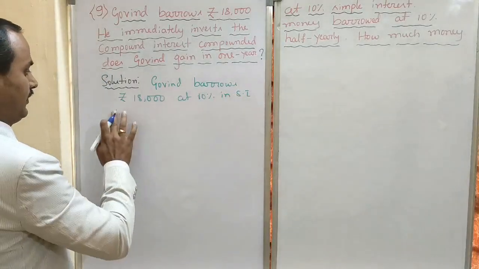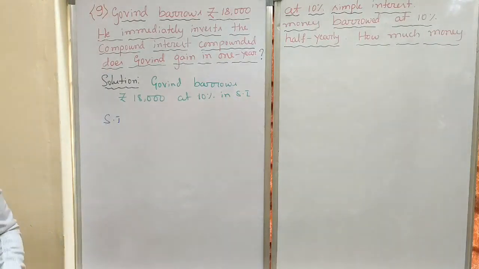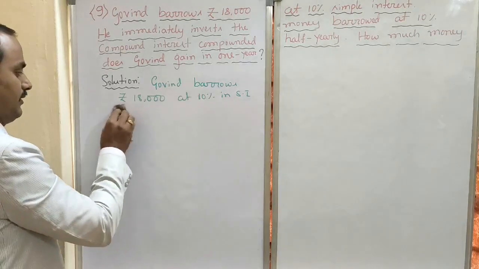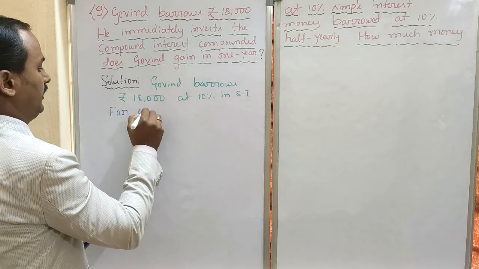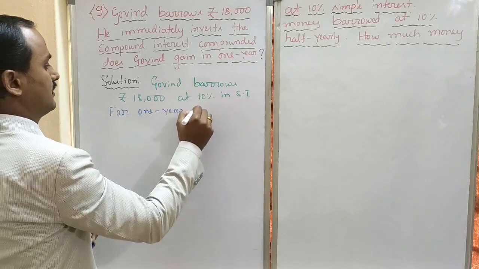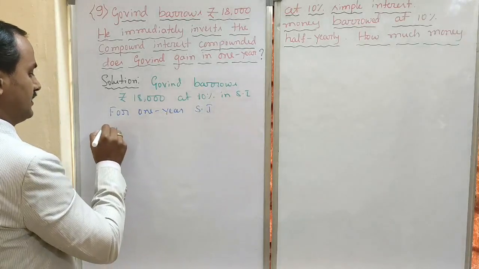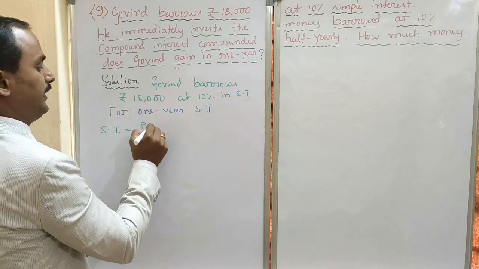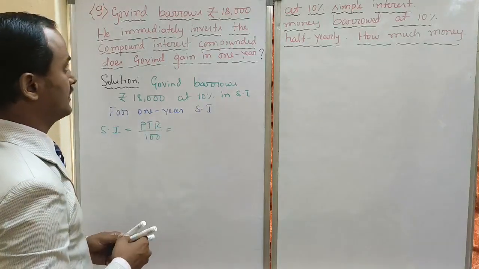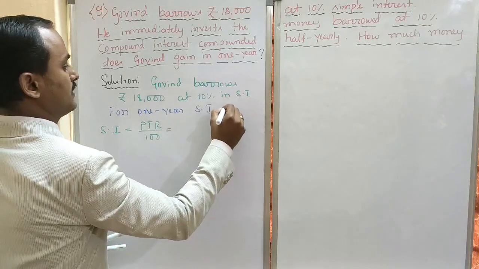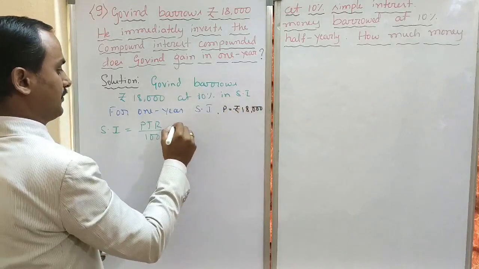Therefore, as given in the data, the simple interest for 1 year. Look here, dear children. For 1 year, simple interest. How much simple interest? Simple interest formula is equal to PTR divided by 100. Here how much is the principal amount? This year's principal amount is 18,000, dear children. I will substitute 18,000.